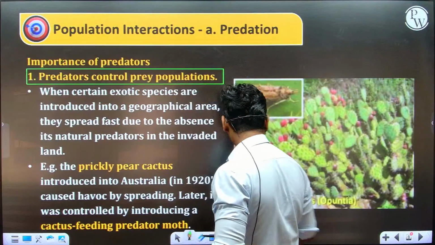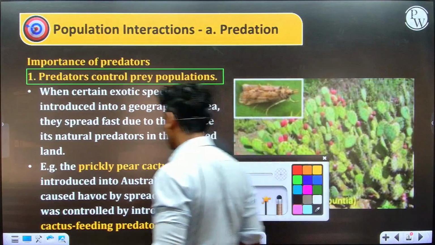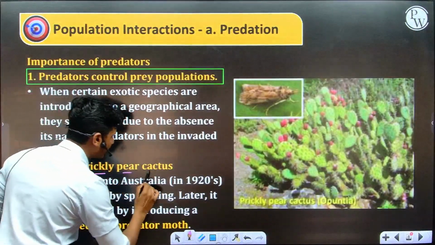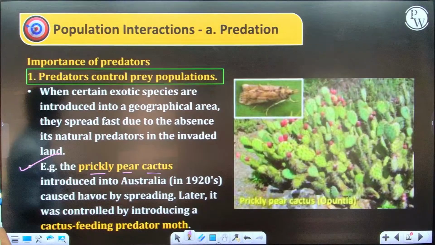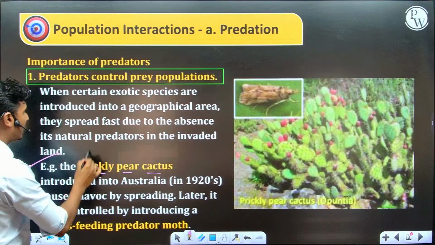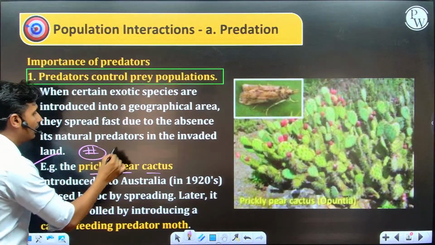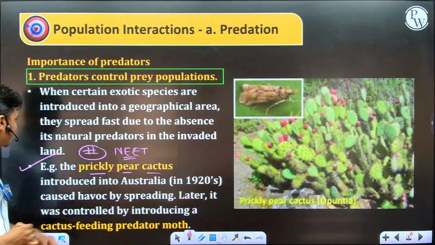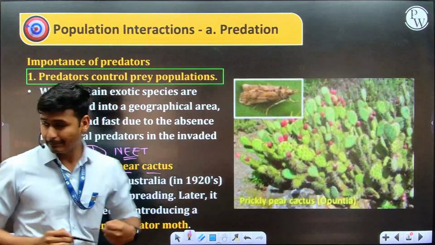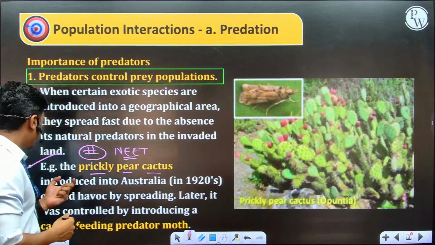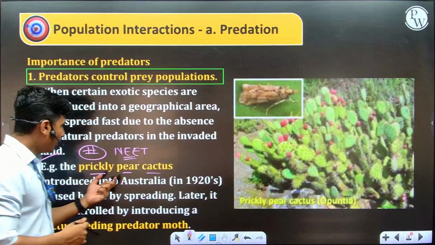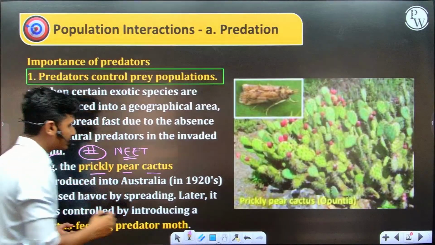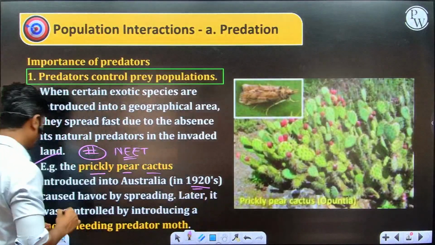And the example is very simple. They are giving us the prickly pear cactus. Understood the example? Highlight this, note it down from the NEET point of view. What they are saying in that particular example is that the prickly pear cactus was introduced into Australia in 1920.